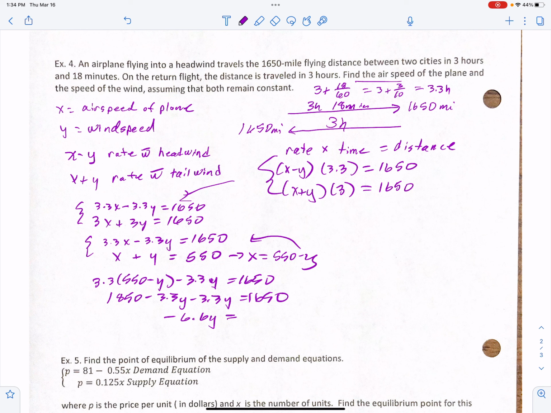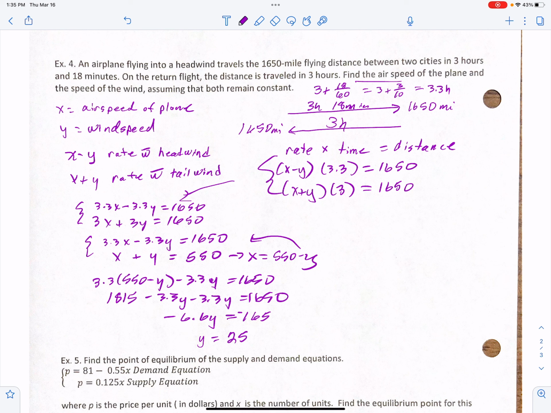And if I take 1650, oh, I wrote this down wrong. This should have been 1815, sorry about that. The 1650 minus the 1815, I get negative 165. And so if I divide that, it comes out to a nice, neat 25.